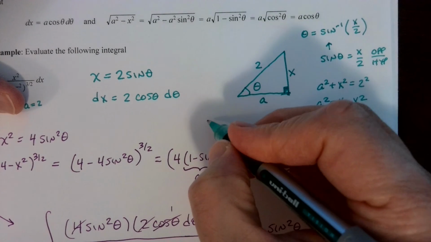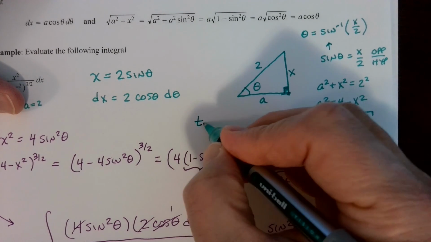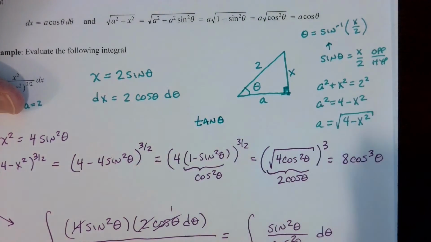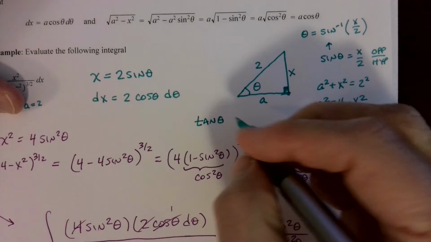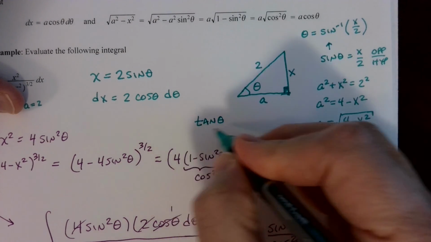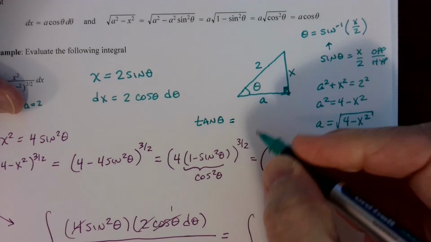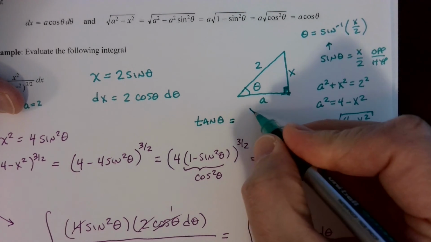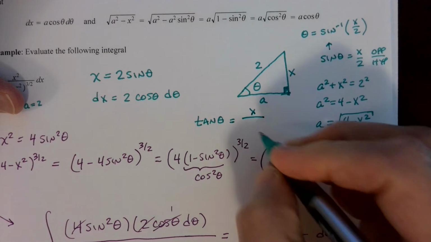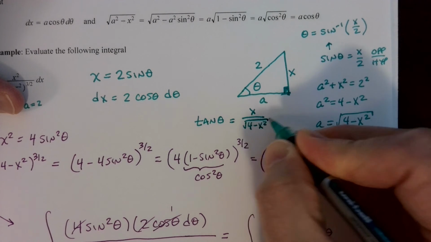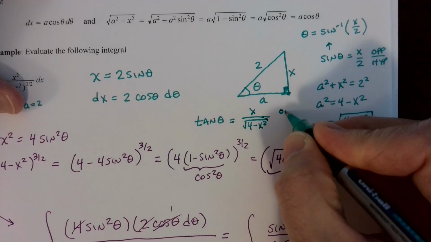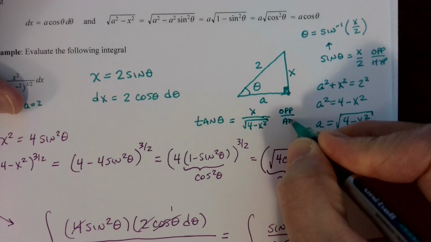So what is tangent theta, which is down here in our antiderivative? Tangent theta is opposite over adjacent. The opposite side is x. The adjacent side is a, which is this thing.